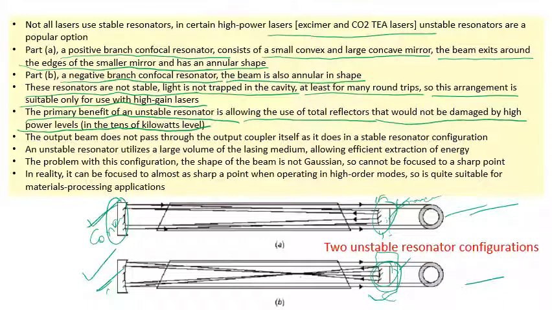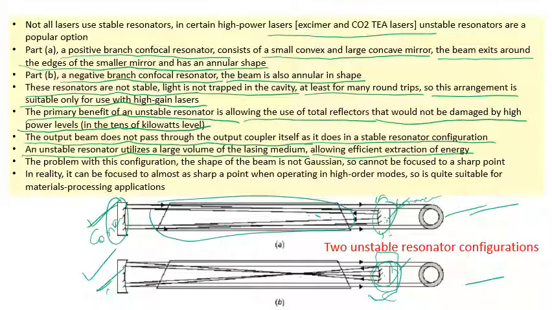What is mentioned here now: the output beam does not pass through an output coupler, as it does in a stable resonator configuration. An unstable resonator utilizes a large volume of the lasing medium, allowing efficient extraction of energy.